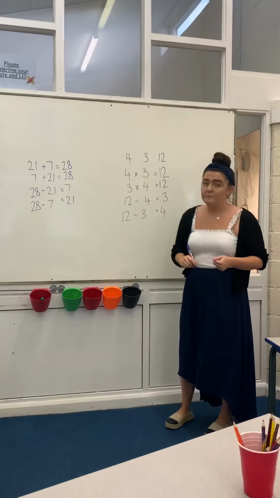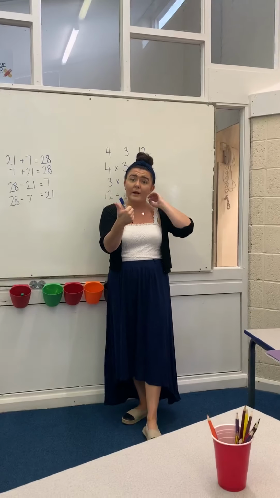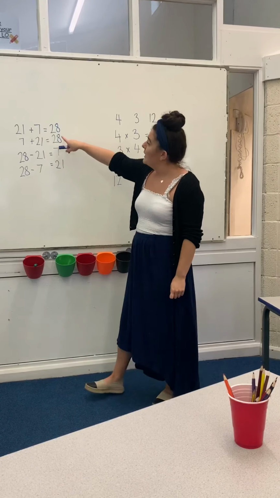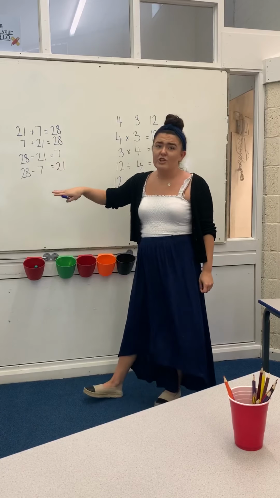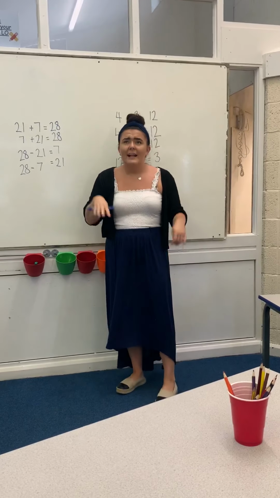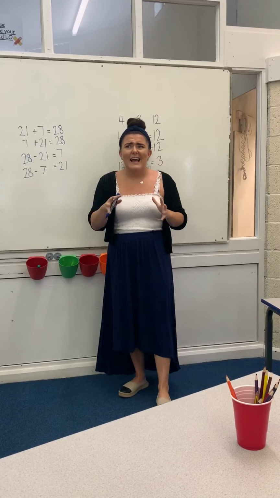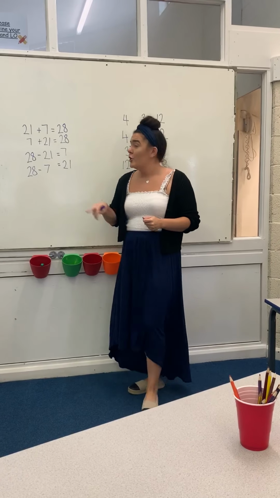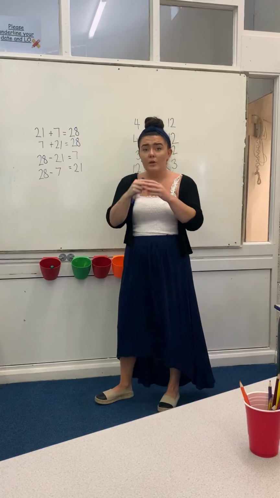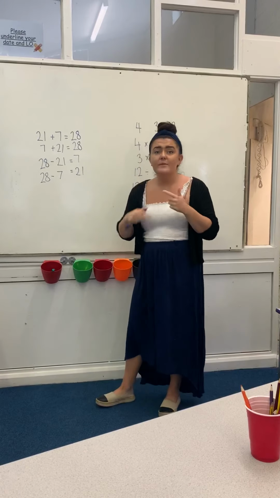Now we can use the inverse operation, the opposite, to help us either check our work or work something out that's a little bit tricky. So, for example, if I was given the challenging calculation, 28 take away 21, and I've got my answer, and I'm not sure if it's quite right, we could use an easier calculation that we know using those numbers to help us figure out if it's right.